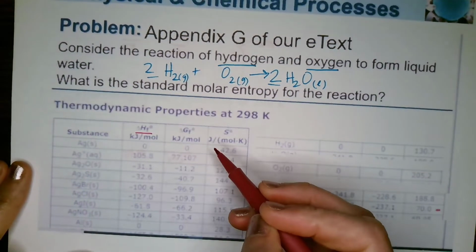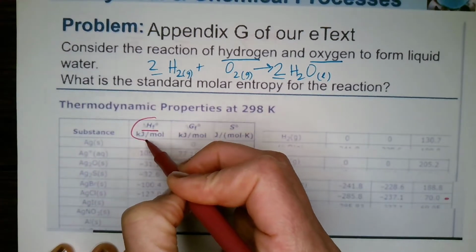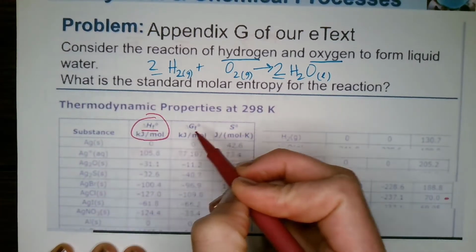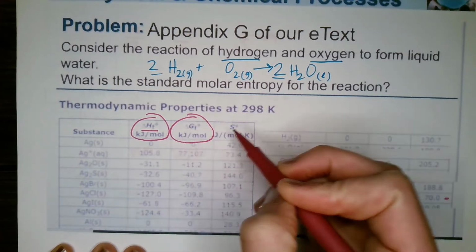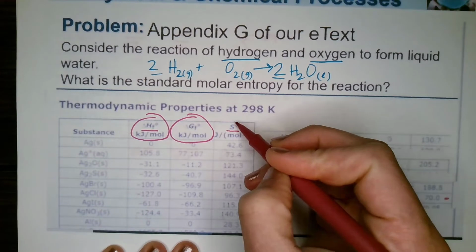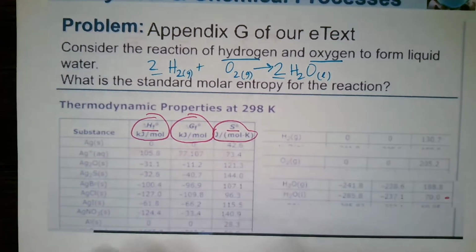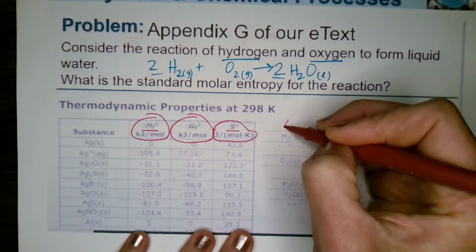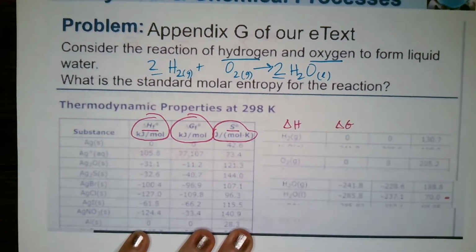All right, so now this is our thermodynamic properties table, where we have our enthalpy, which is kilojoules per mole. This gives us free energy, which is kilojoules per mole, and our entropy values, which are joules per mole Kelvin. So these are important things to note.